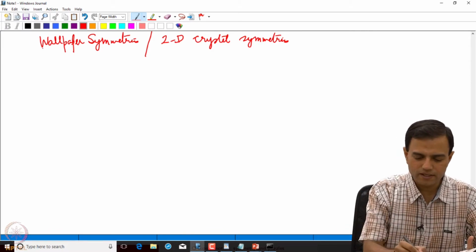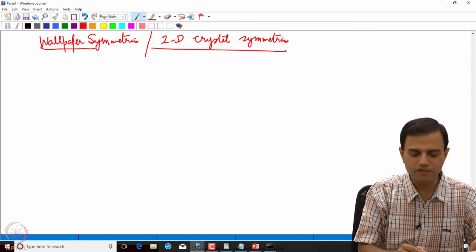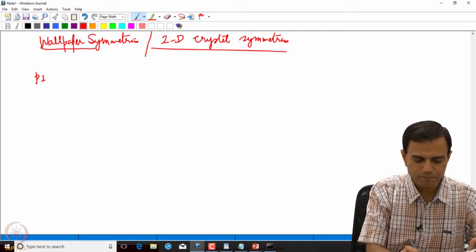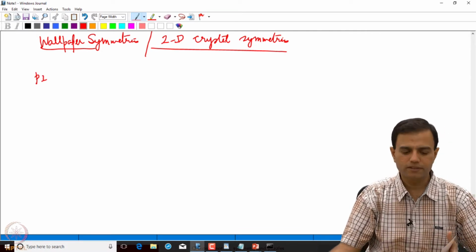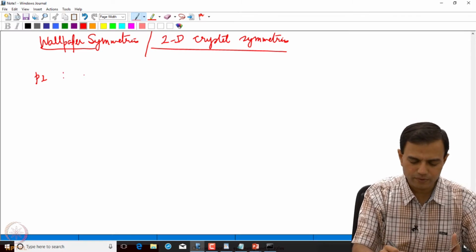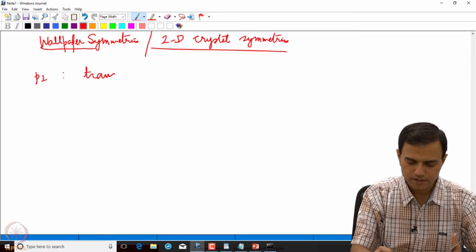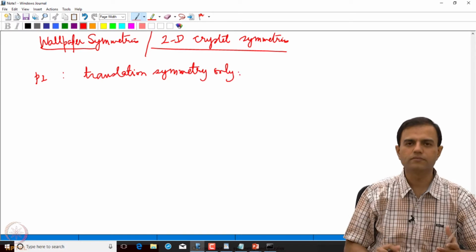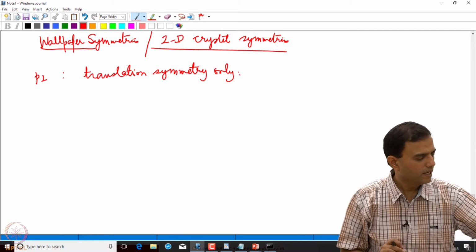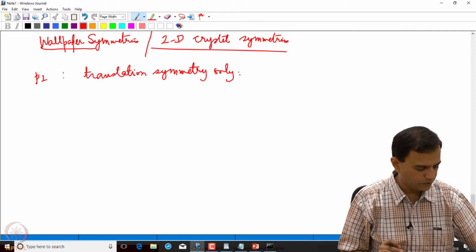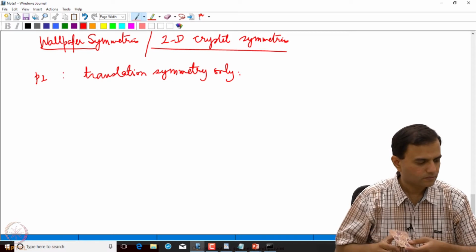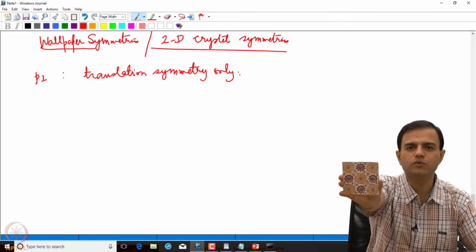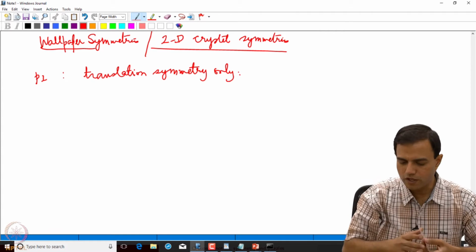So there are various names of these symmetries. So this is called P1. P1 is the pattern where only translational symmetries are there. Not much interest. Here is another one. Let me show you. This one. This is called P4.